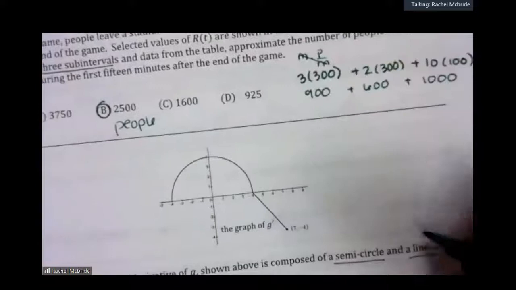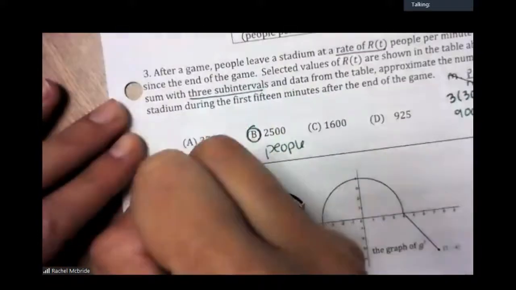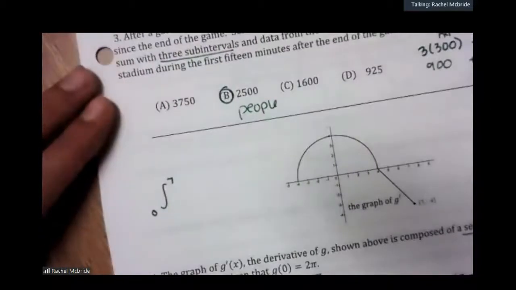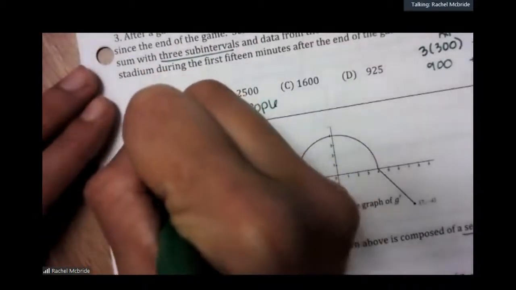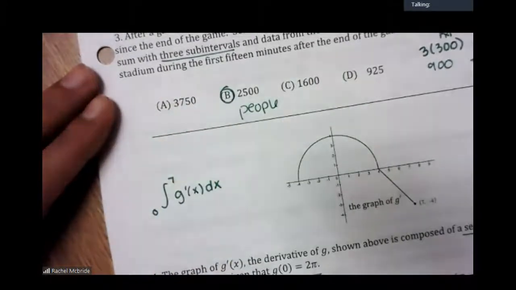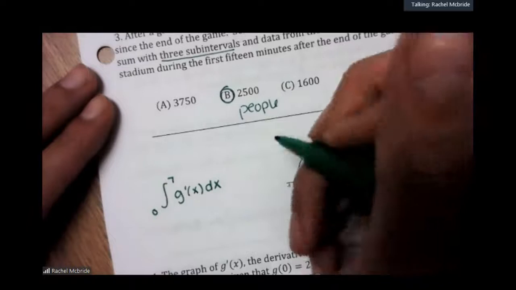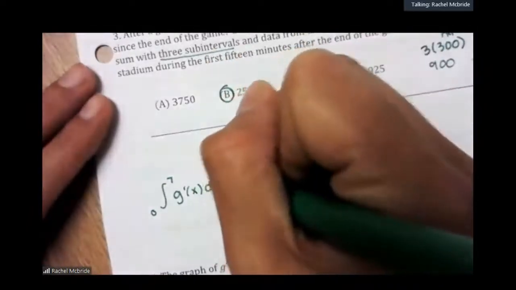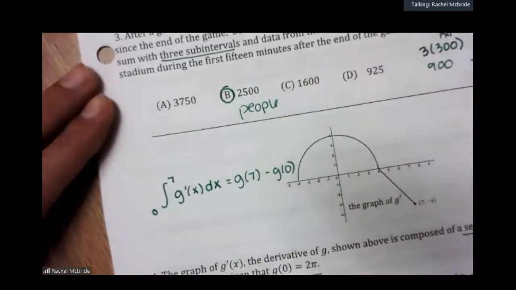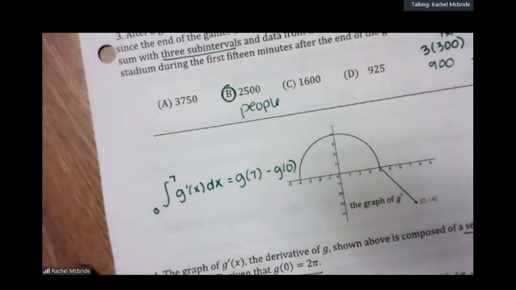then I need the integral from 0 to 7 of g prime x dx, and we have to recall that that equals g of 7 minus g of 0. So that's your fundamental theorem. This is what we are looking for.